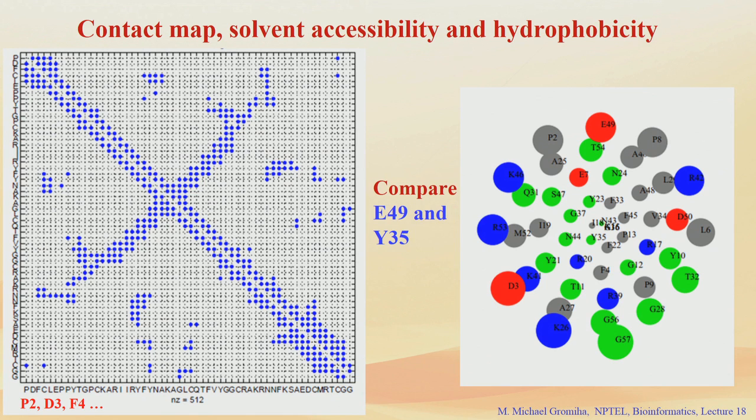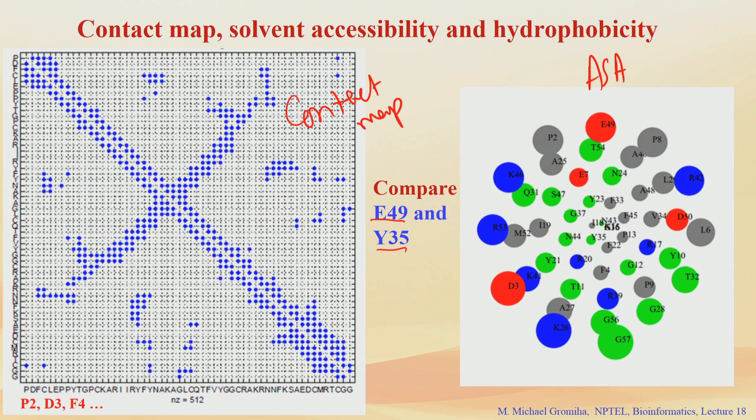What is the left hand side? This is a contact map. And this one is ASA, accessible surface area of different residues. You can see two residues, for example E49 and Y35, and how these residues behave in terms of contacts, accessible surface area and hydrophobicity.